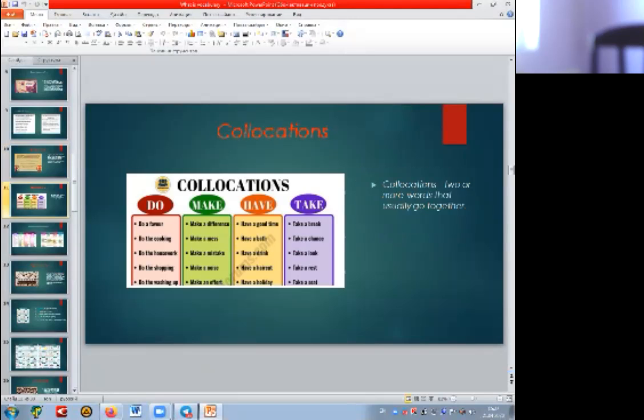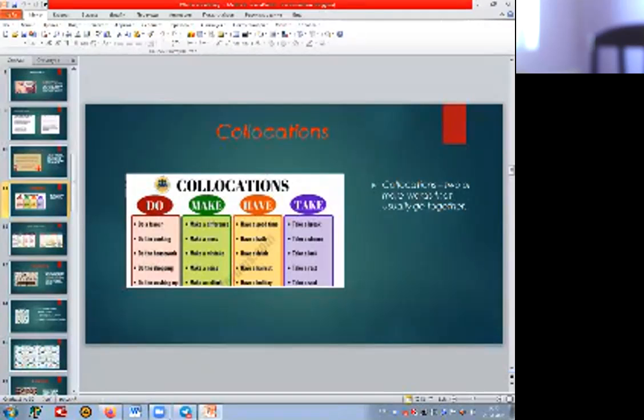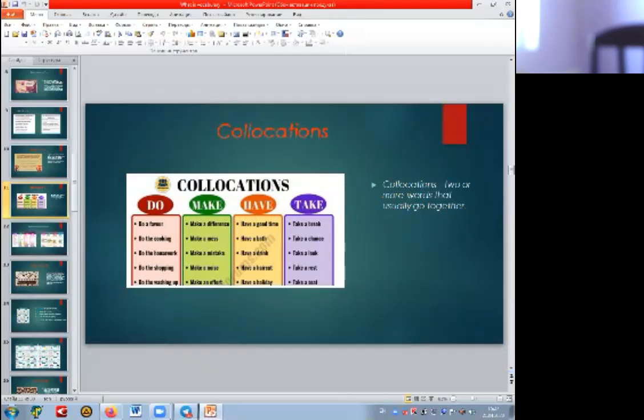Let's speak about collocations. They are word groups that usually come together. We have learned such collocations before entering the university: to do the cooking, to do the housework, make a mistake, make a noise, have a dream, have a drink, have breakfast, have lunch, take a break, take a look.